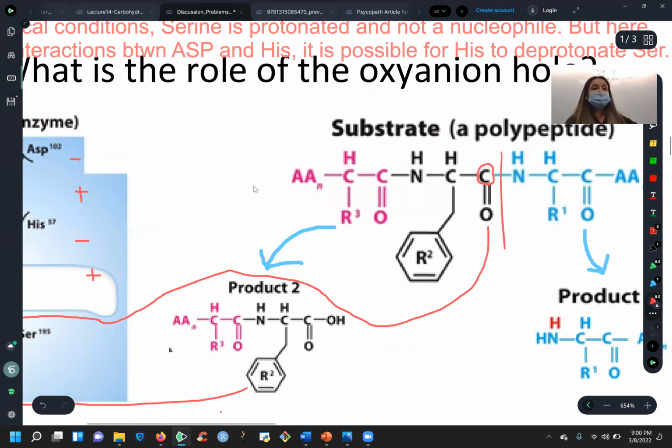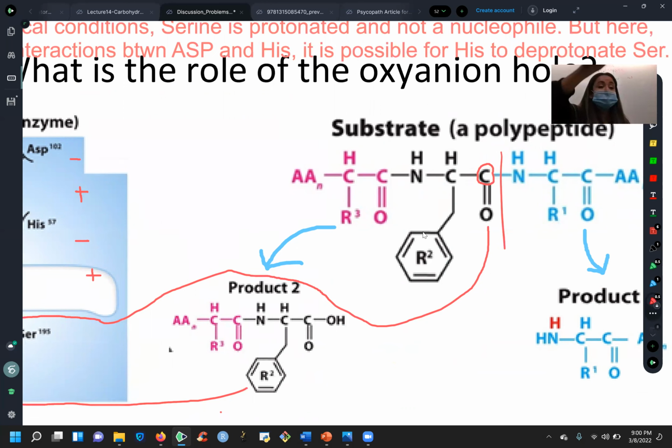And another thing that they can do for you on the test is they can give you a longer chain, but they'll only give you one phenyl group. And you will have to draw it out, like draw the line, where is the peptide bond that is going to be cleaved? And that's a very common question. So you have to know, here's the phenyl group.